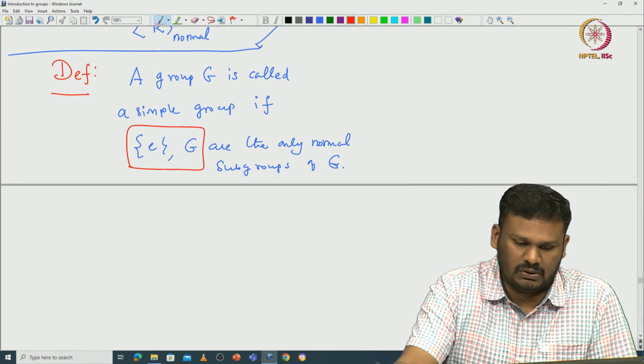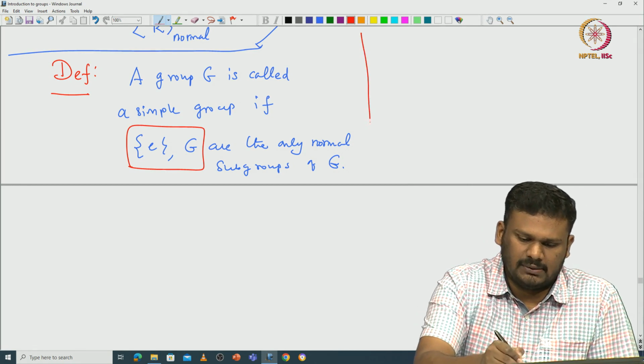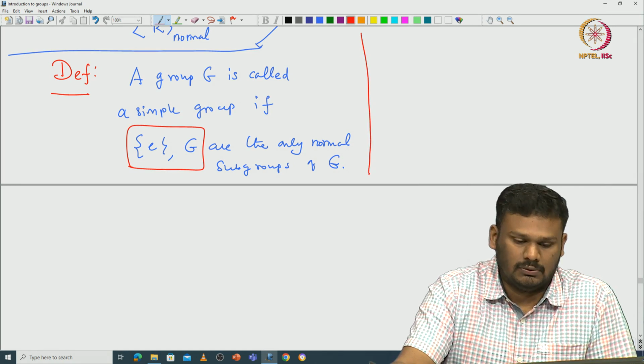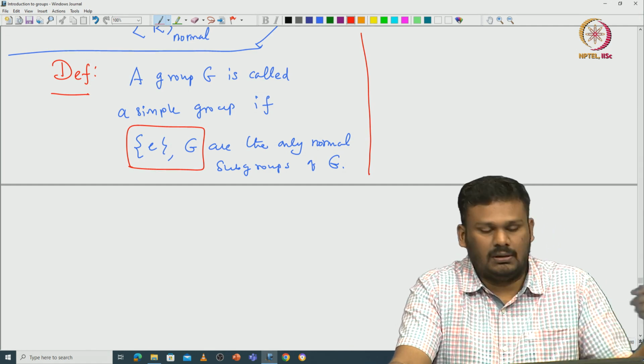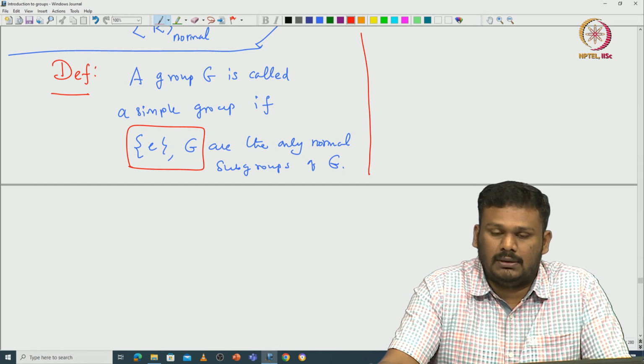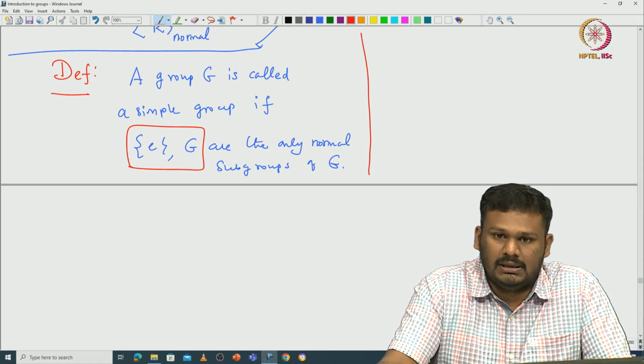This is a very important notion, because even in finite group theory, one of the important problems is classifying all groups of a given order.